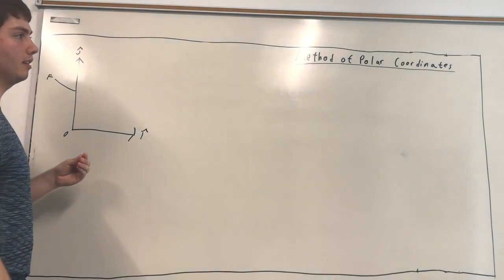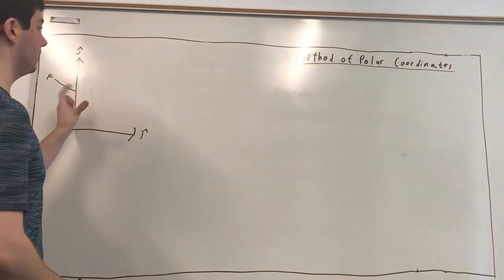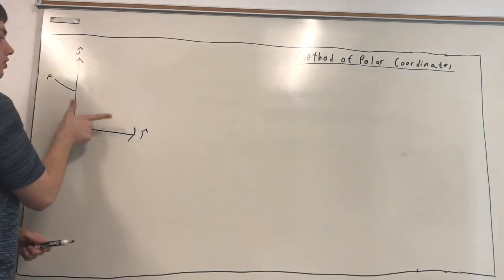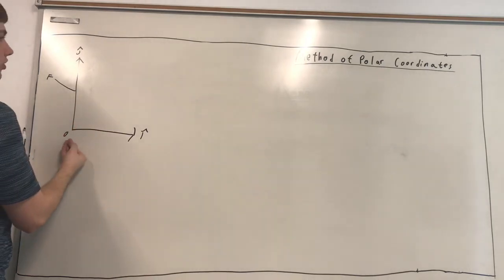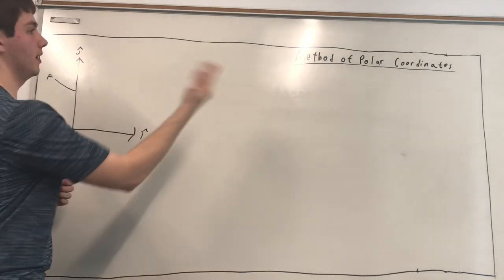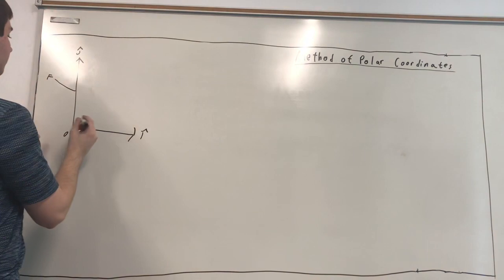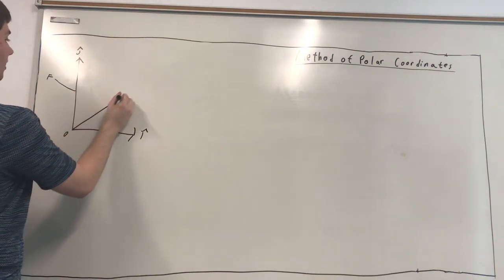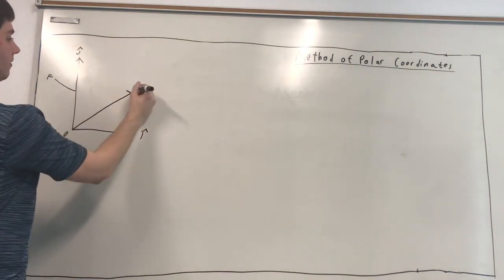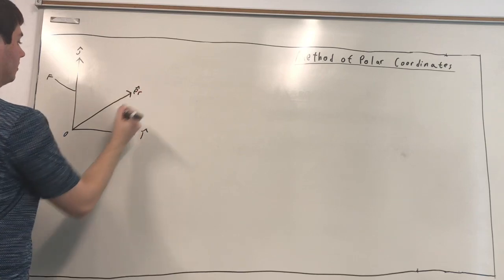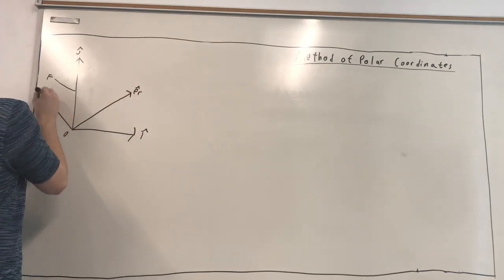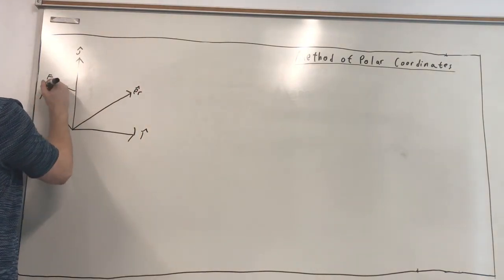So we're going to add in a rotating frame that is not translating but shares the same origin, and we're going to call this the method of polar coordinates. So right here you have an e hat r, and you have a perpendicular to that, you have an e hat theta.